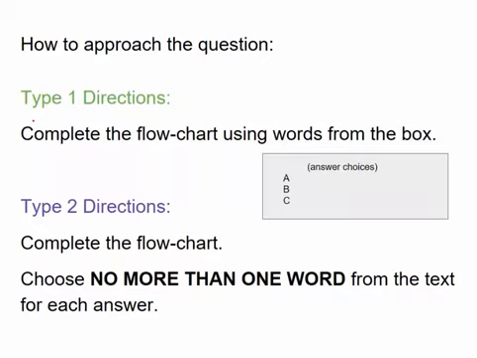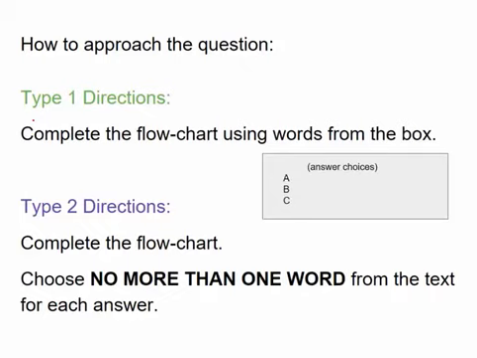All right, finally then, just like other of these completion types where you've got some type of visual you're working with, there are 2 types. The first type is where you have a box with answer choices. Often the answer choices will be paraphrases of things that are found in the passage. So you're going to use them as sort of keywords that you're going to search for in the passage to determine if they work for the question.